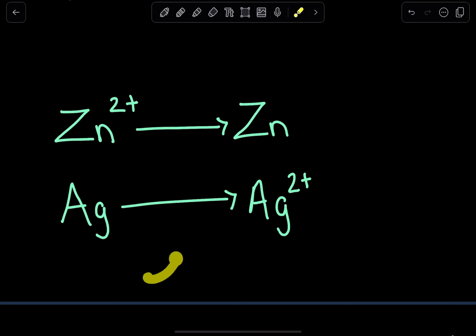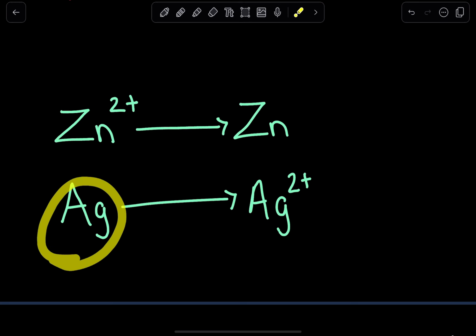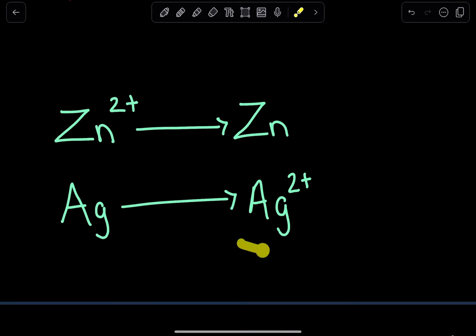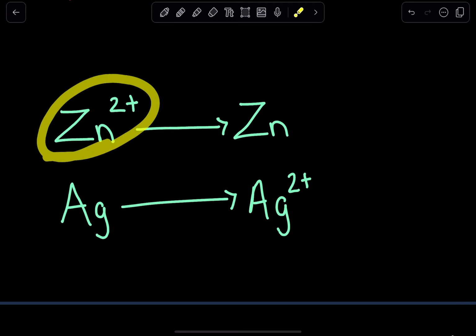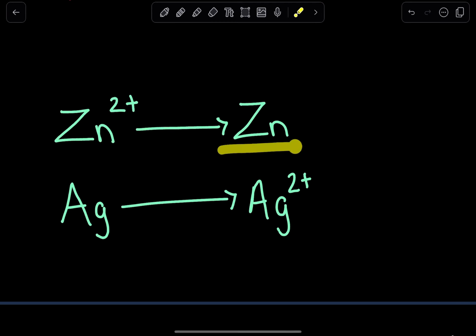Remember that electrons are negatively charged. So if we remove a negative charge from a substance, we move towards a positive direction. But when we add in electrons, we move towards the negative direction. Now, silver, since it is losing electrons, moving towards the positive direction, we say that silver is being oxidized.